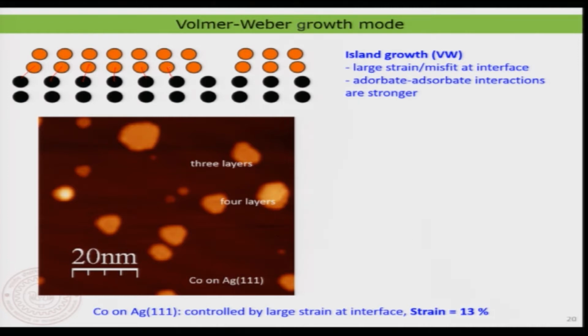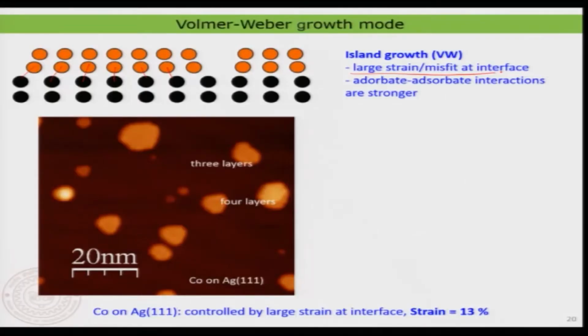So, there is a huge misfit at the interface. That means the large strain or misfit at the interface is the first and major reason for the so-called island formation.